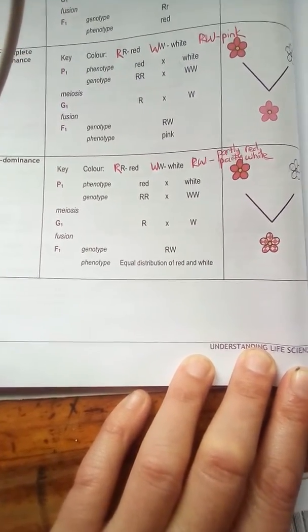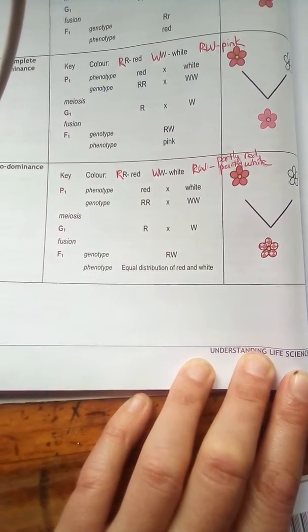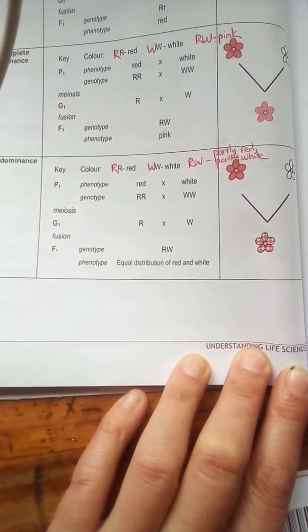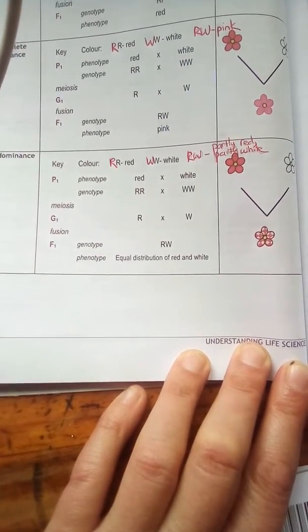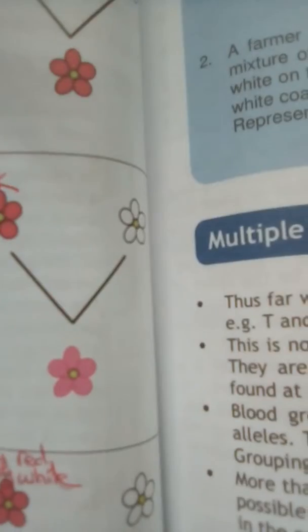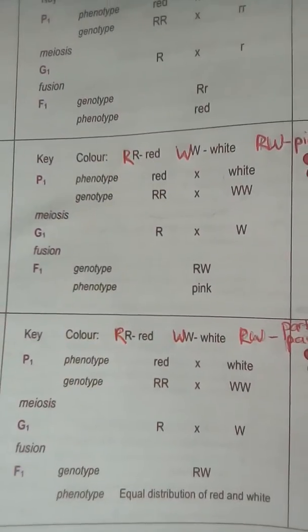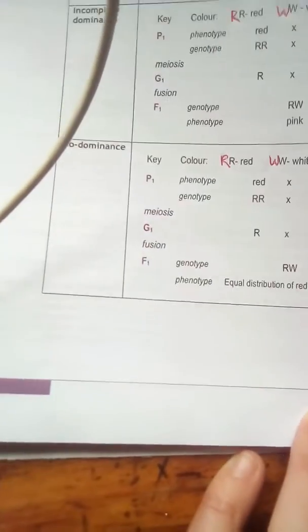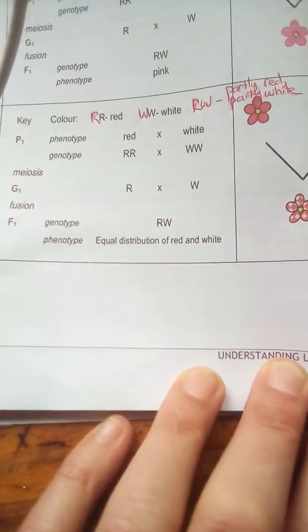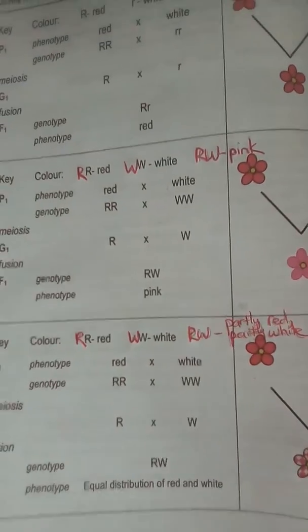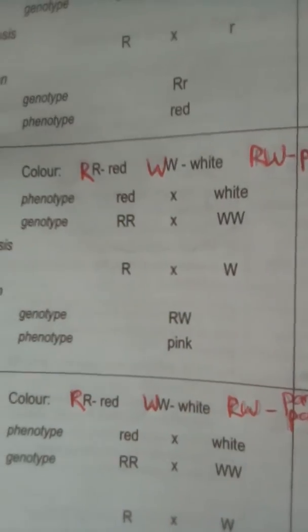Your genotype, you will have 4 capital R, capital W. Phenotype, you will have 4 flowers that have an equal distribution of red and white. Okay, not pink. That is the only difference, the expression in the phenotype. Okay, for codominance, equal. For incomplete dominance, a third characteristic, pink.